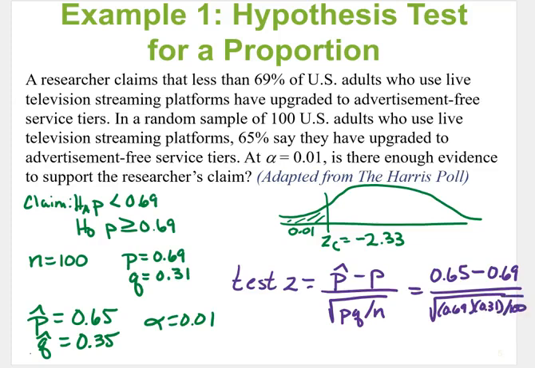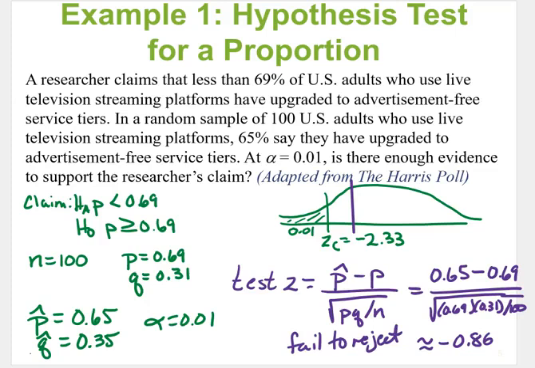And all that in the denominator is under that square root. So when I plug that in my calculator, I get approximately negative 0.86. And that is above, right? Definitely above. So it's going to fall right there. So that's definitely in the do not reject. So we're going to fail to reject because we are not falling in that rejection zone.